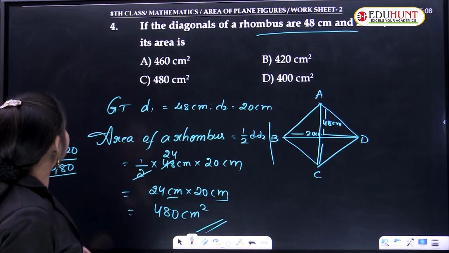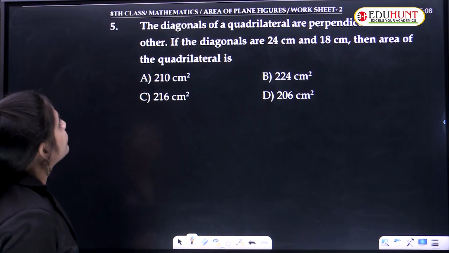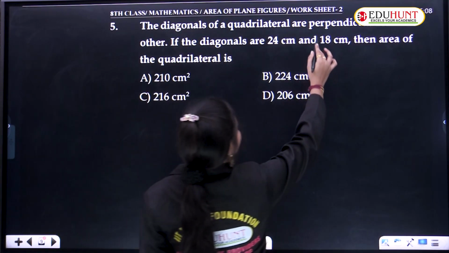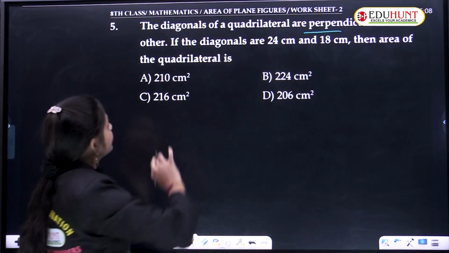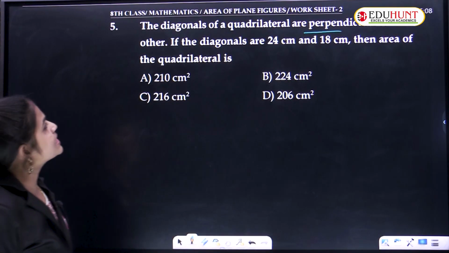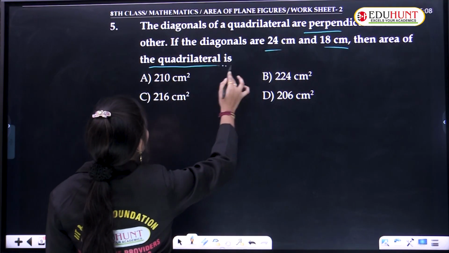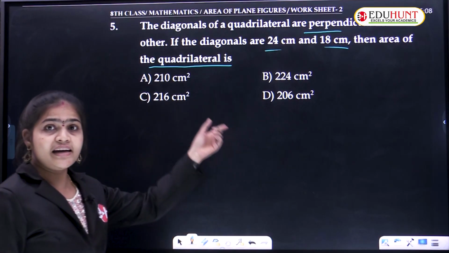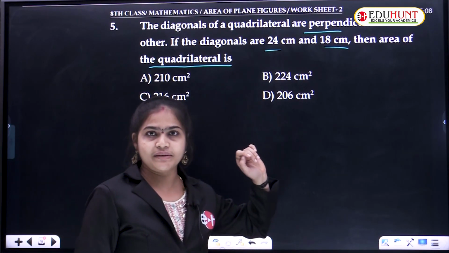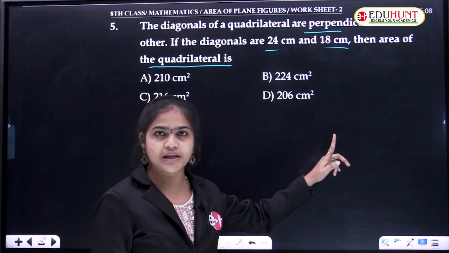Okay, yes. Next, fifth one. The diagonals of a quadrilateral are perpendicular to each other. If the diagonals are 24 centimeters and 18 centimeters, then the area of the quadrilateral is... Here, indirectly the name of the quadrilateral is given. Directly they didn't mention.